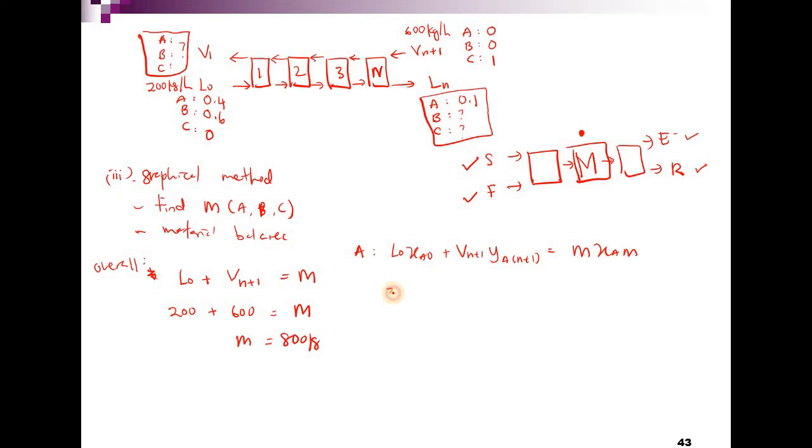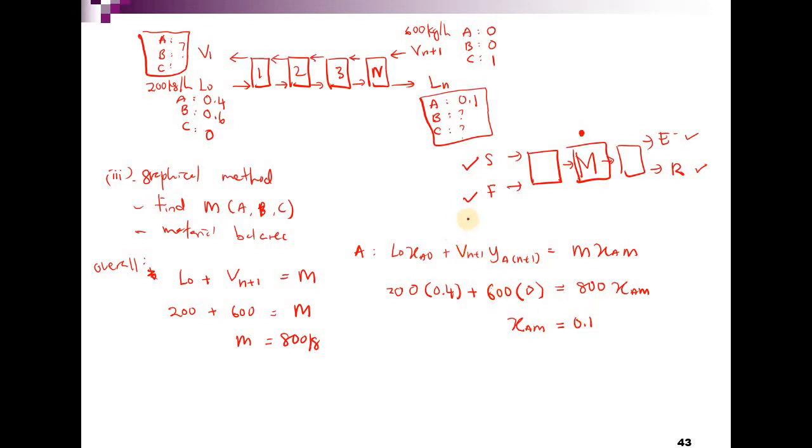L0 is 200, XA0 is 0.4, plus Vn+1 is 600, YA is 0, and this is equal to M. We already found M is 800 and we want to know XAM. Can we calculate XAM? Yes, we can. You will get XAM as 0.1.